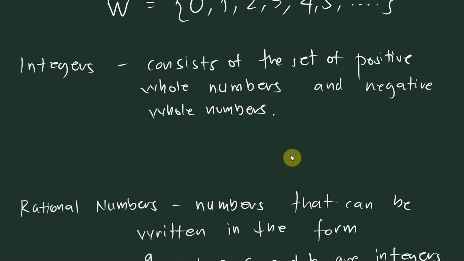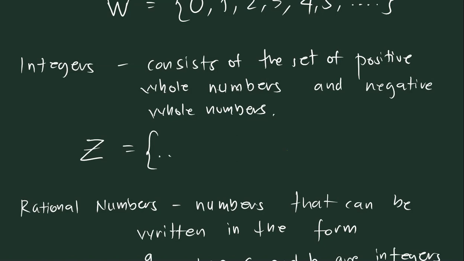If we write it in list notation, we denote integers as Z. So Z is equal to, say, negative 3, because this continues to infinity.